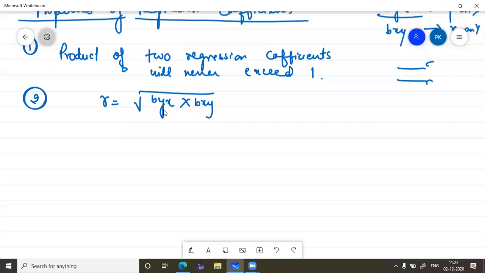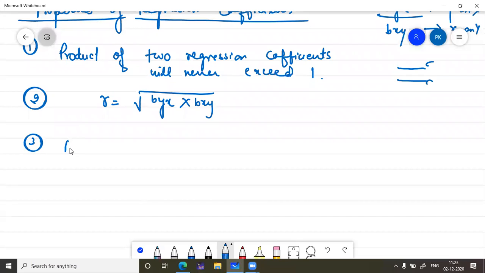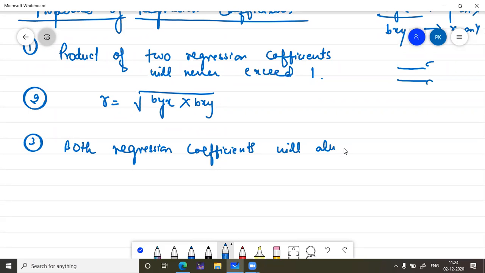This is the relation between the regression coefficient and the correlation coefficient. Third property is both regression coefficients will always have the same algebraic sign. That means if one is positive then the other will also be positive, and if one is negative then the other will also be negative.